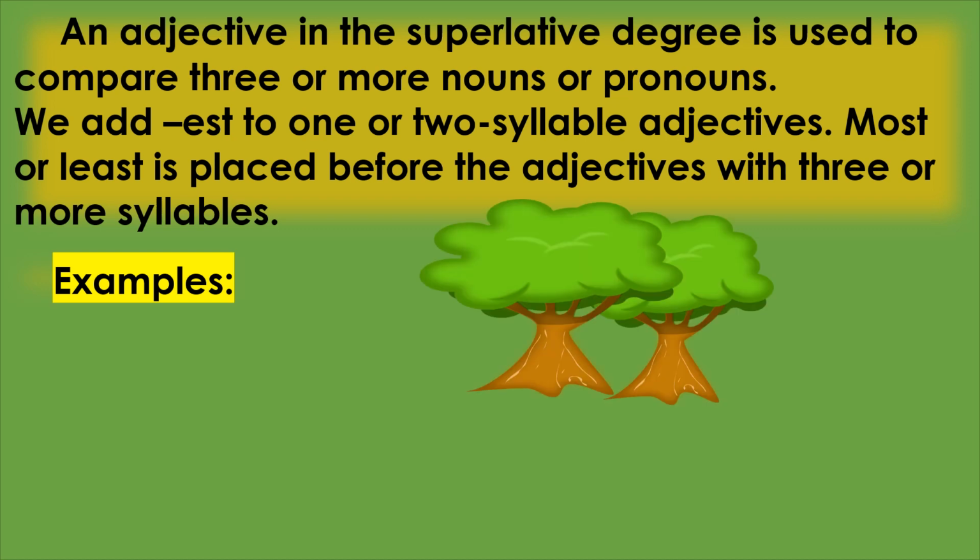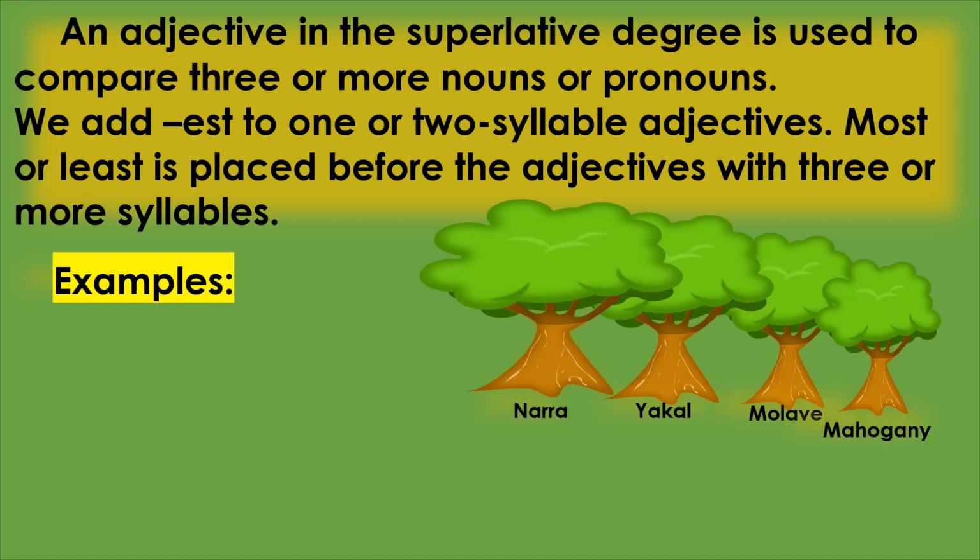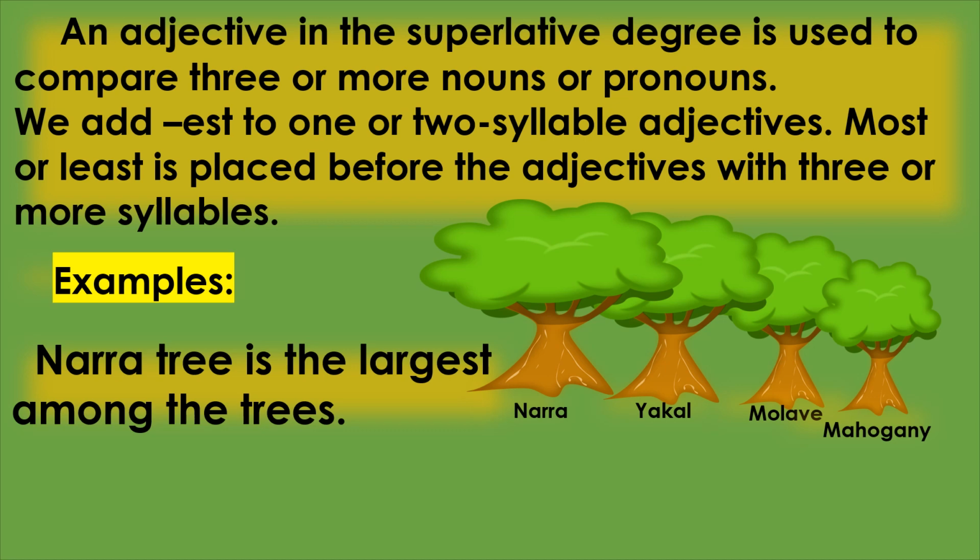Examples: narrow tree is the largest among the trees. Largest is in the superlative degree. It is used to describe narrow tree and compare it with the other trees.